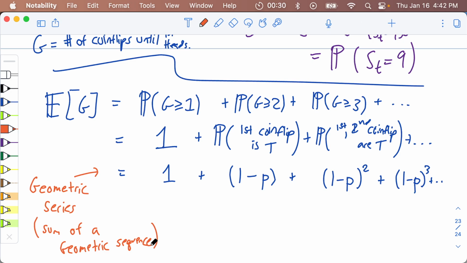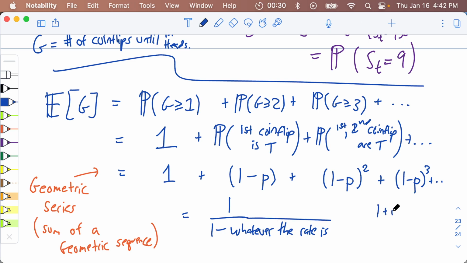All right. So hopefully you've seen a geometric series before. Does anyone remember the formula for the sum of a geometric series? Yes. 1 over 1 minus whatever the rate is. Great, yes, I like this. It's a super nice trick. If you do 1 plus r plus r squared plus dot, dot, dot, there's the trick where you multiply by r and shift it over.